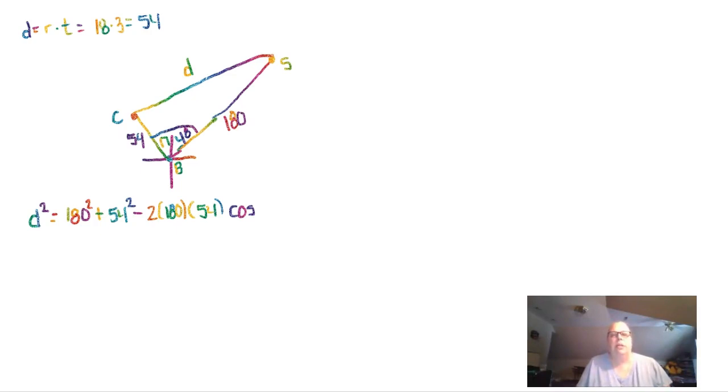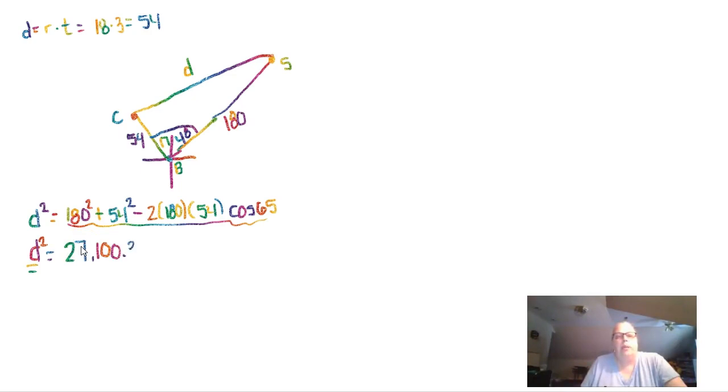And so our angle is 17 plus 48, or 65 degrees. All right. And now, because my variable is located over here on the left, I can put all this in the calculator at one time. And this is going to give me 27,100.3. So let's square root both sides, and we'll be taking the positive square root here. And it turns out that distance is 164.6, and these are nautical miles.